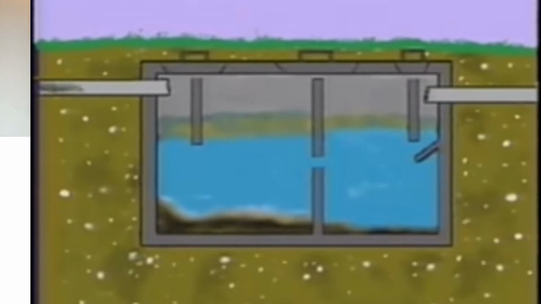The main aim of these chambers is to get clean water that can be introduced into the soak pit or into any water treatment plant, so that it can be used, as I've said, for irrigation. It can be taken back into the house to be reused, maybe to flush your toilet. So this is basically how the traditional septic tank functions.